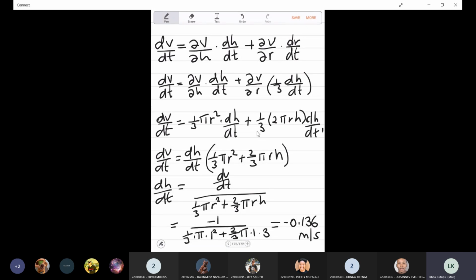Okay, so this 1/3 is from here, but the formula for the volume of a cone also has its own 1/3. So this should be over 3. So this will be over 9. Like that. So this will be over 9.